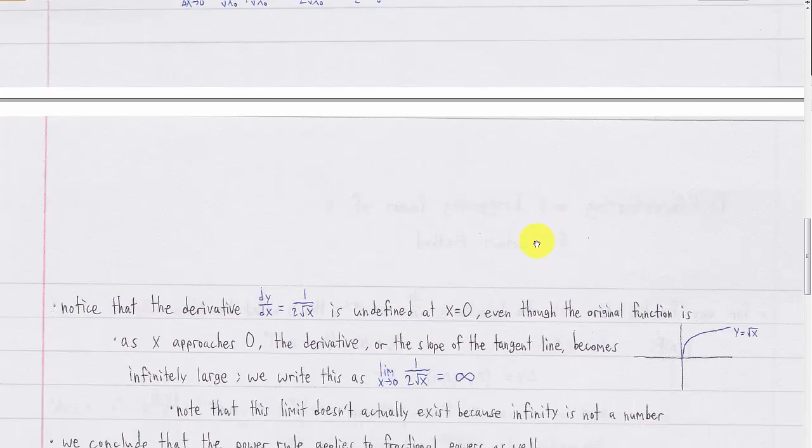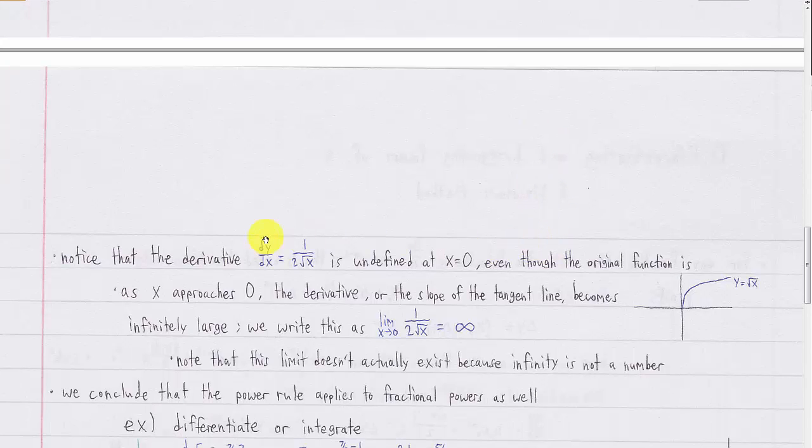And also note that this derivative is a little interesting. So our original function y equals square root of x is defined at x equals 0, because square root of 0 is 0. But the derivative is not defined at x equals 0, because you can't divide by 0.